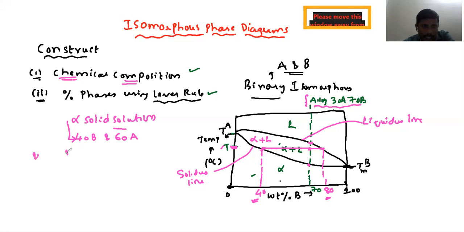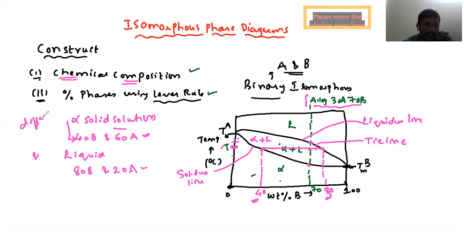And in the liquid phase formed, we have 80 percentage of B and 20 percentage of A. Thus with the help of a tie line, at any particular temperature, we can identify the composition present in different phases.